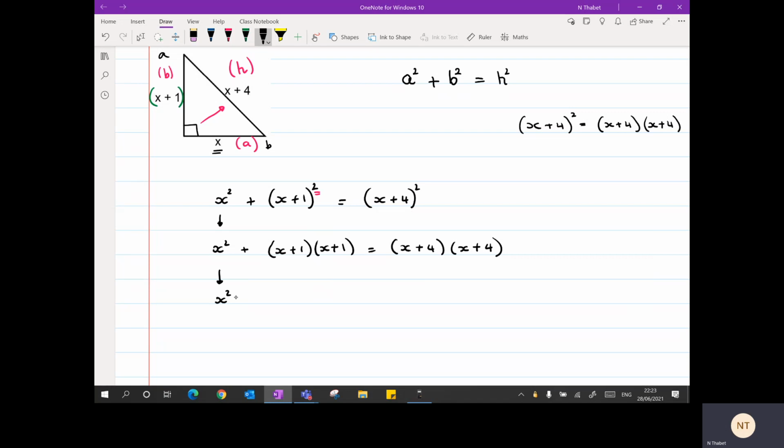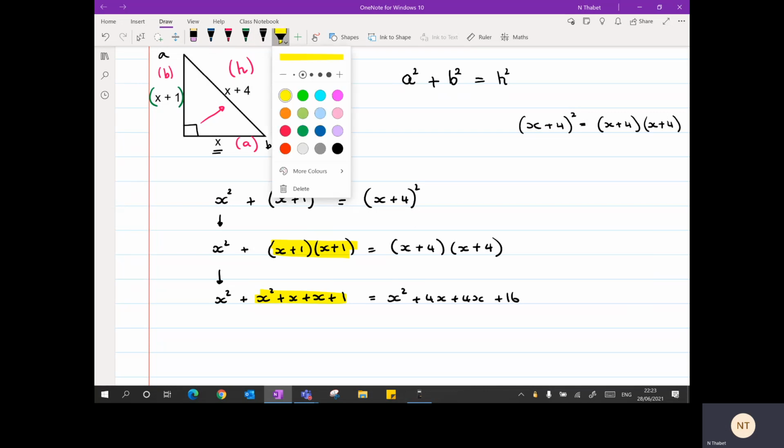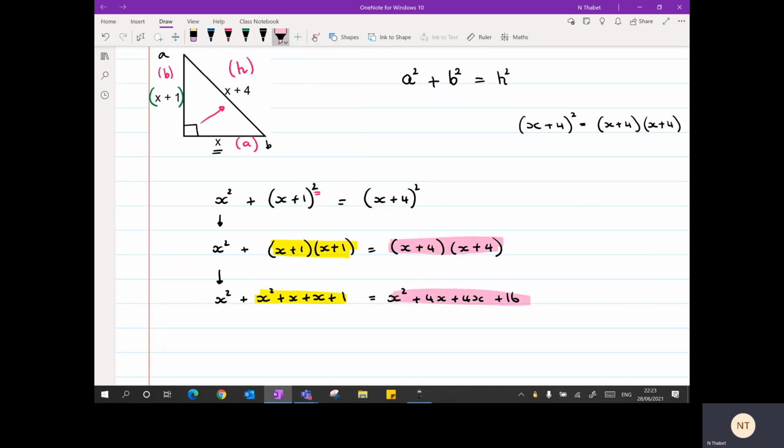I'm not going to use the grid, I'm just going to do it quickly. I've got x squared plus x plus x plus 1. So that's the double bracket, I've multiplied it out. And then equals x squared plus 4x plus 4x plus 16. You can use the grid method, multiply out the bracket, collect like terms as well.